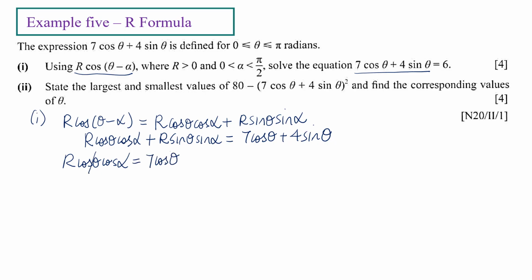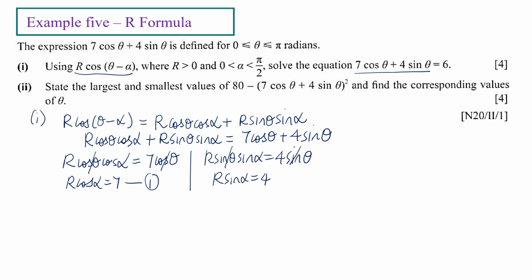So this and this go off, so that gives us R cosine alpha equals 7. That's equation 1. And then R sine theta sine alpha gives me 4 sine theta. This and this go off. So we have R sine alpha equals 4. Call this equation 2. When I take equation 1 squared plus equation 2 squared, we would have R squared cos squared alpha plus R squared sine squared alpha.